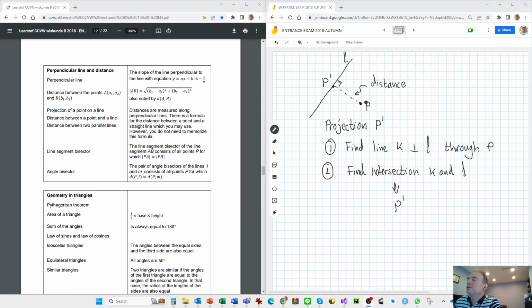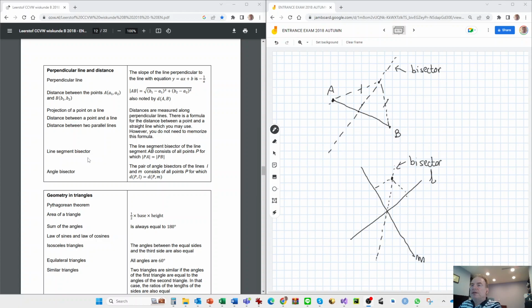Then the distance between this point P and the line is just the distance of this segment here. They say there is some equation for it, but you don't need to memorize that. If they ask for it, you just find P prime and then use the equation here to find the distance.